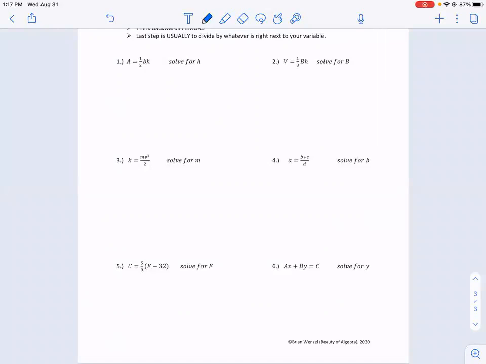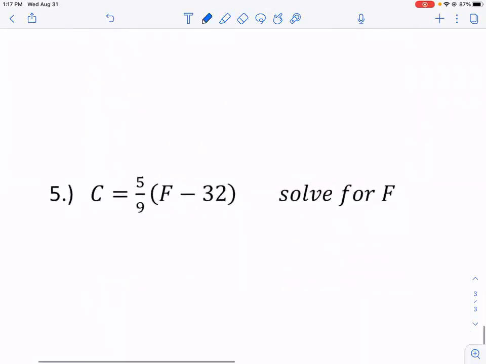This should look familiar right here, right? Celsius and Fahrenheit. No, it's a different measurements for temperature. So this is Fahrenheit, this is Celsius. Yes.